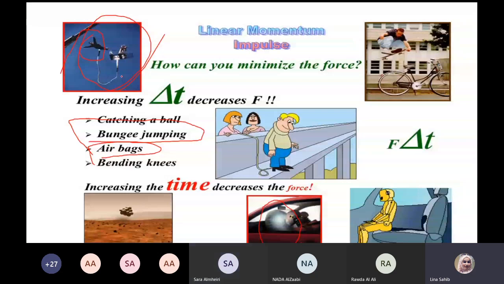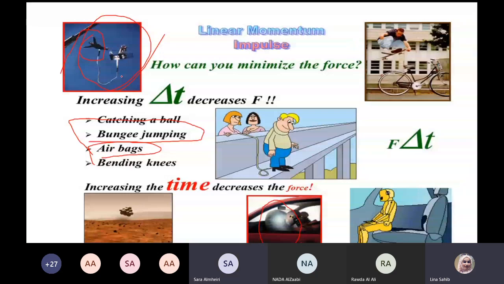So the people who want to kill themselves jump from a high tower into the air. They will hit the earth in a very short time with a high force. So they have a high expectation to die.